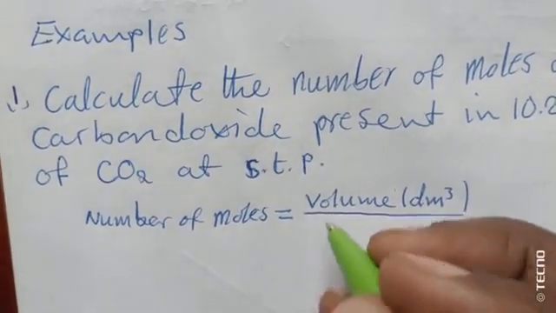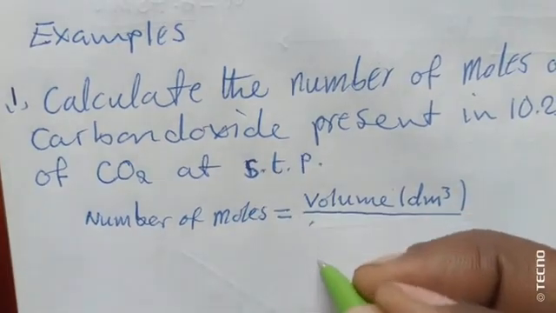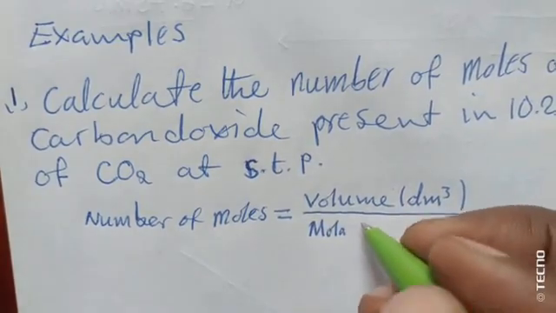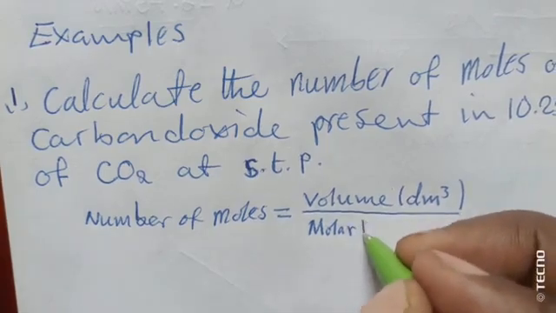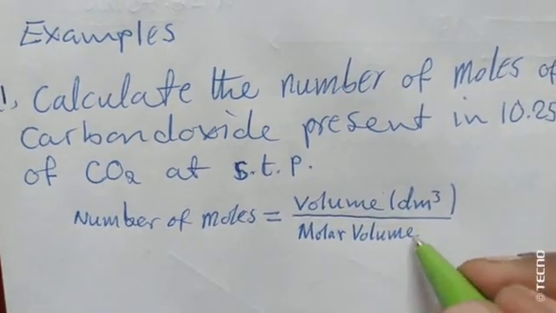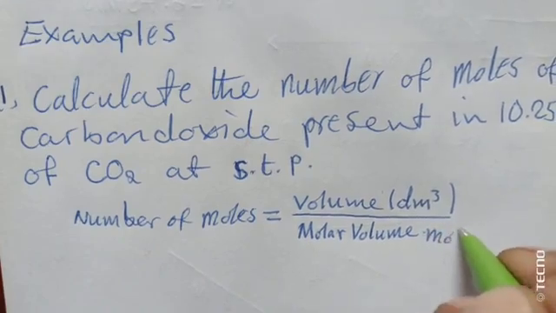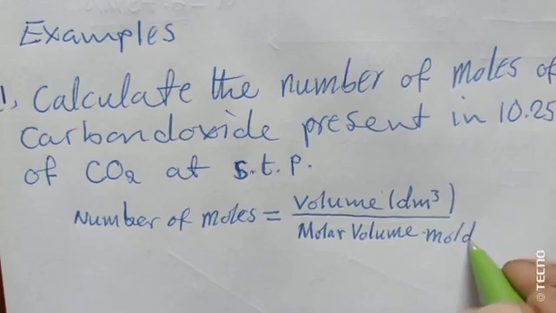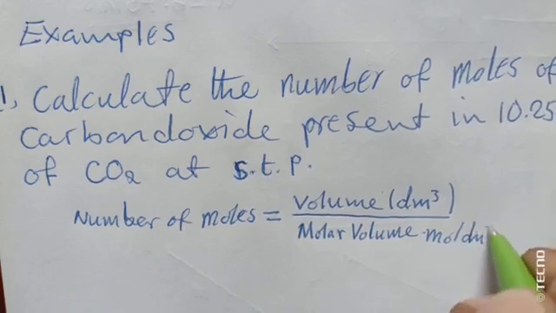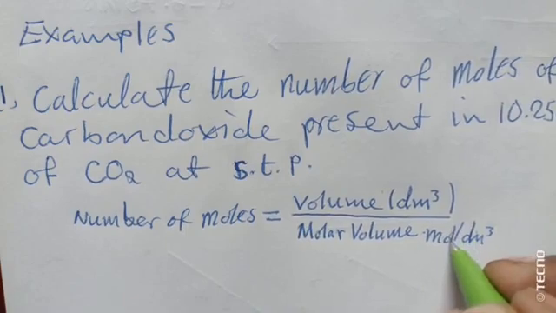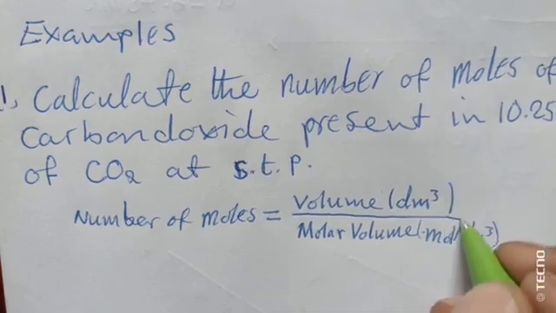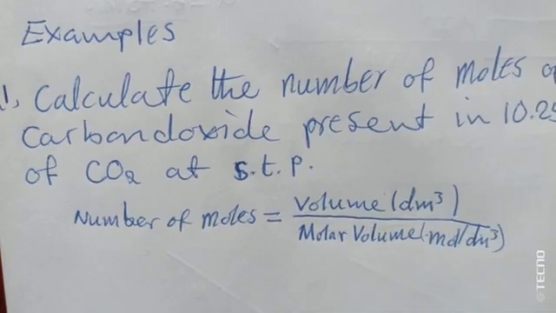So again we have what we call molar volume, which is mole per decimeter cube. You can include the brackets if you want. So we have something like that.